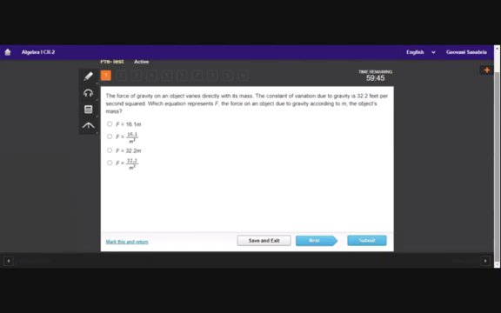Okay, that's completely different. The force of gravity on an object varies directly with its mass.